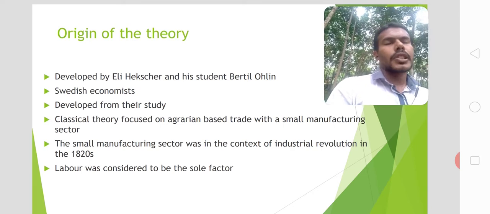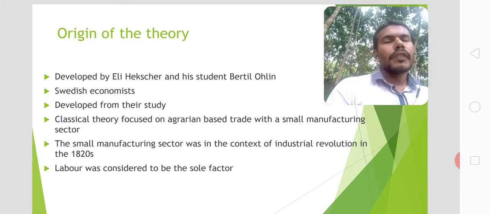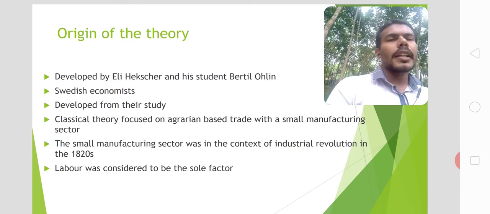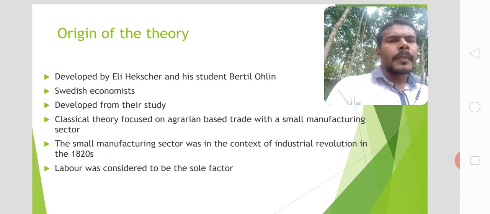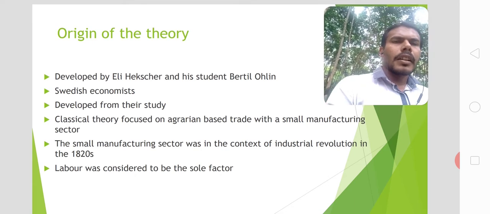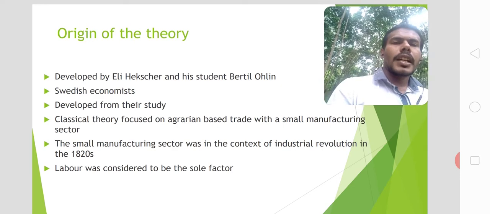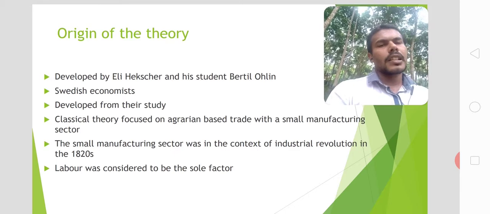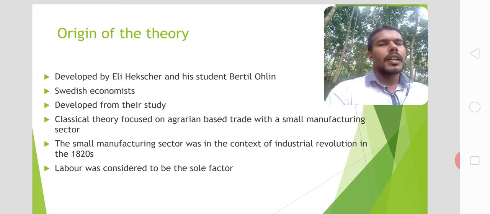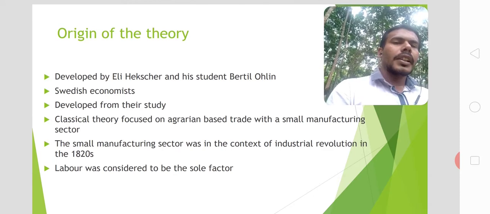Classical theory focused on agrarian based trade, where exports and imports took place in agrarian or agricultural commodities with little manufacturing sector, and labor was considered the sole factor of production according to the classical economists. But that was questioned by later economists, and Heckscher and Ohlin included capital with labor.